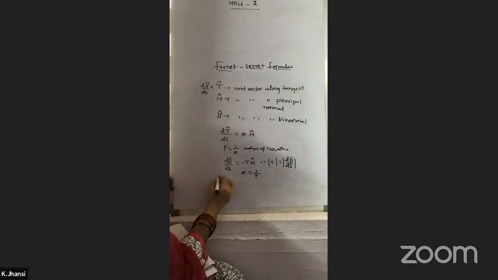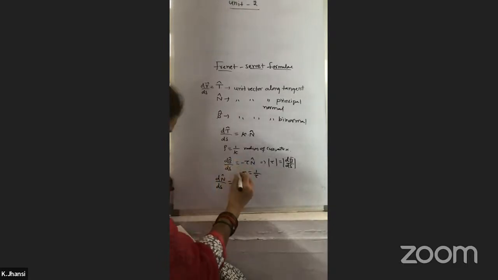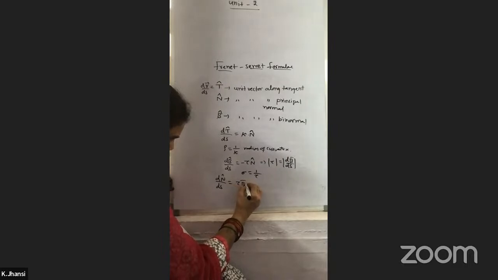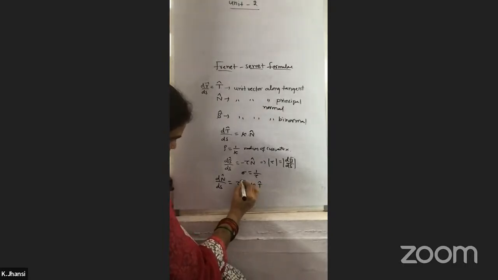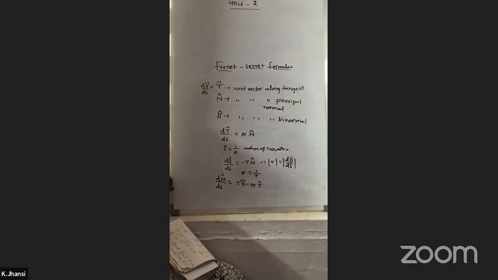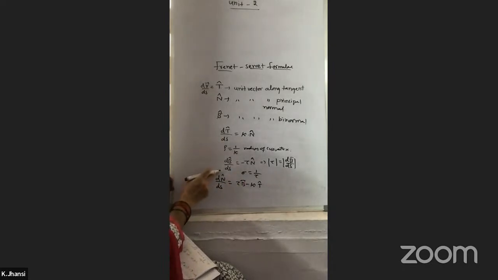This is it. Another one is dN by ds. This is equal to torsion into B minus kappa into T. Okay. This is the definition of dN by ds, dT by ds, and dB by ds.